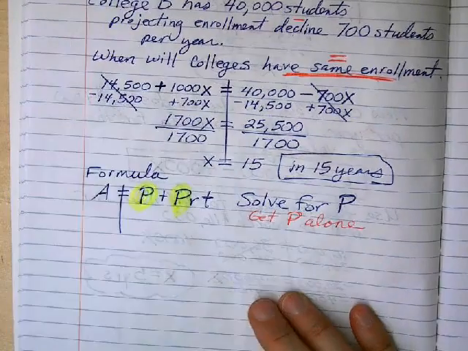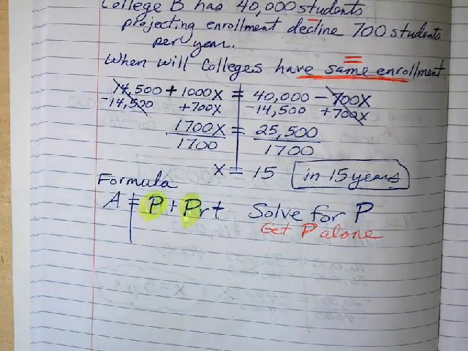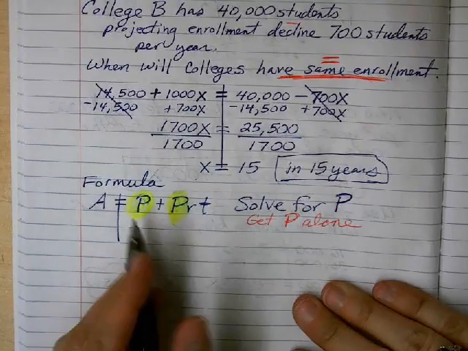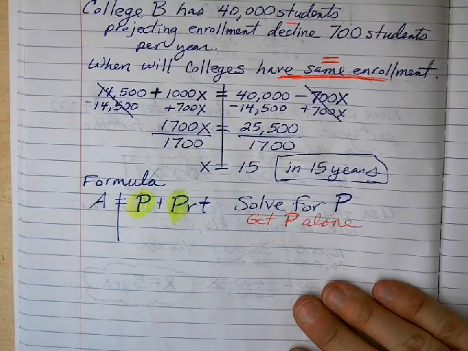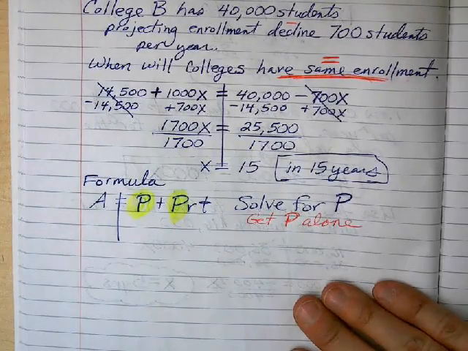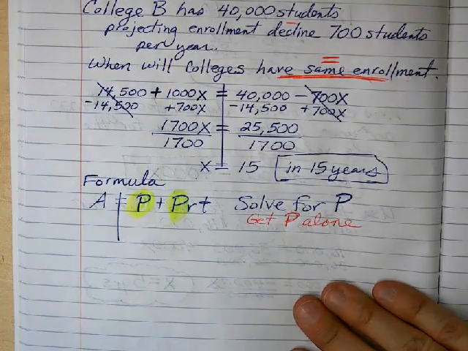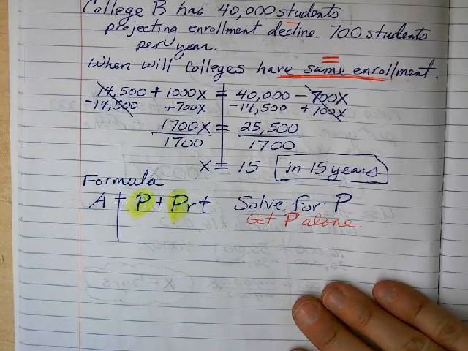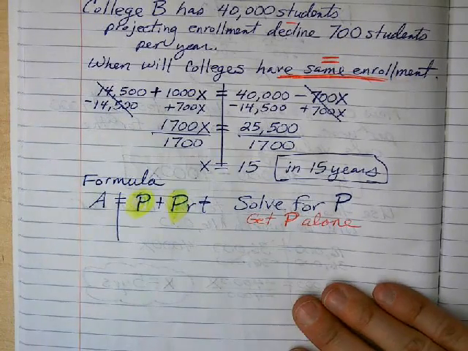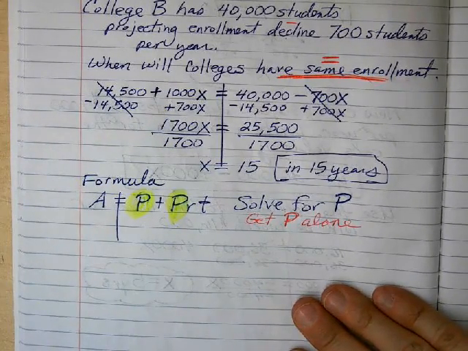So what do you do? It's like you have to separate the P and get it alone. How do you get the P alone?